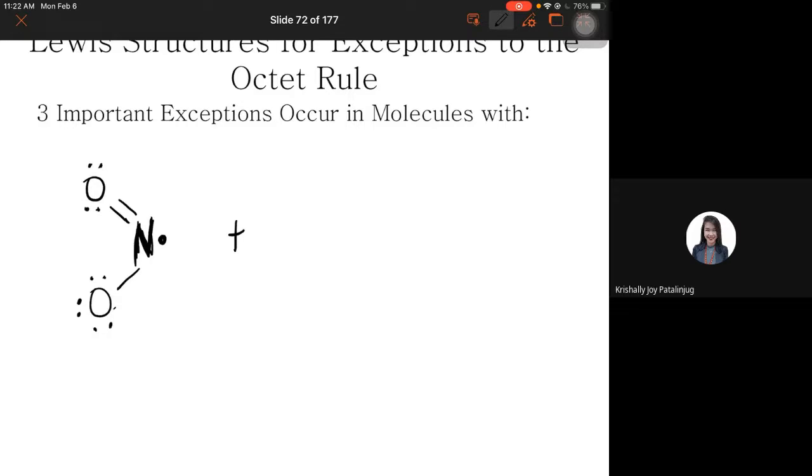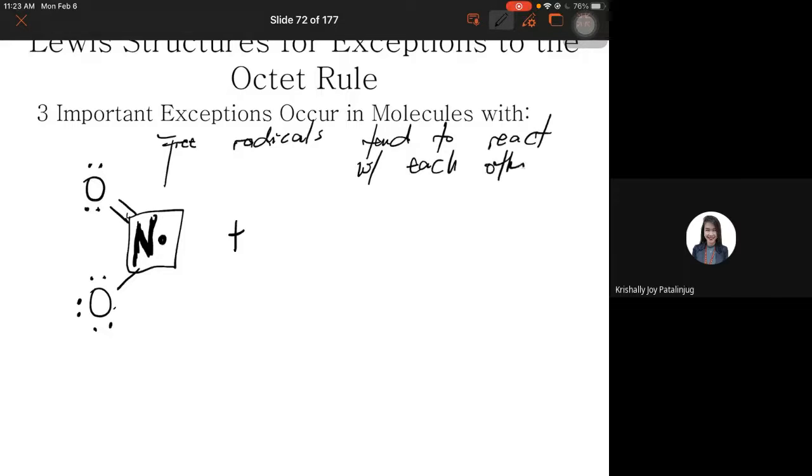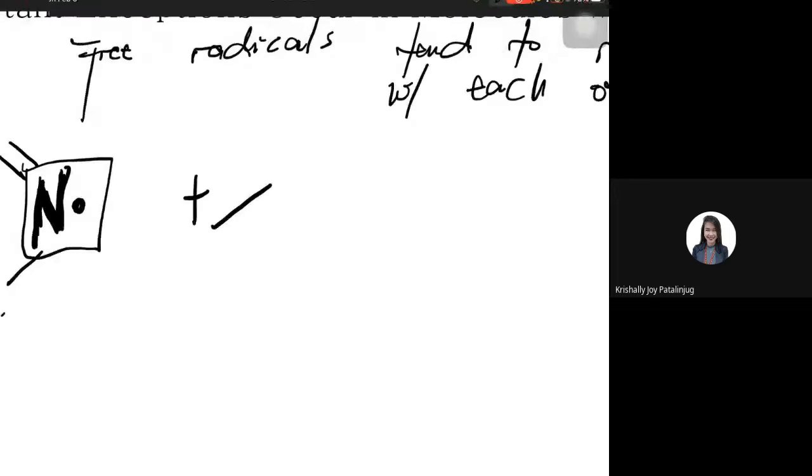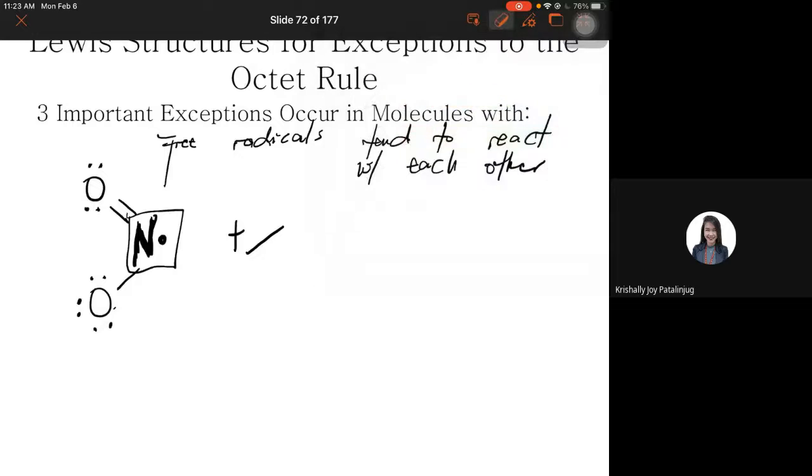So sabi ko kanina, for this central nitrogen to attain stability, not octet, sorry for the term, to attain stable state, free radicals tend to react with each other. So para ma-attain ni nitrogen dyan yung stable state niya, it would react to another nitrogen dioxide molecule.